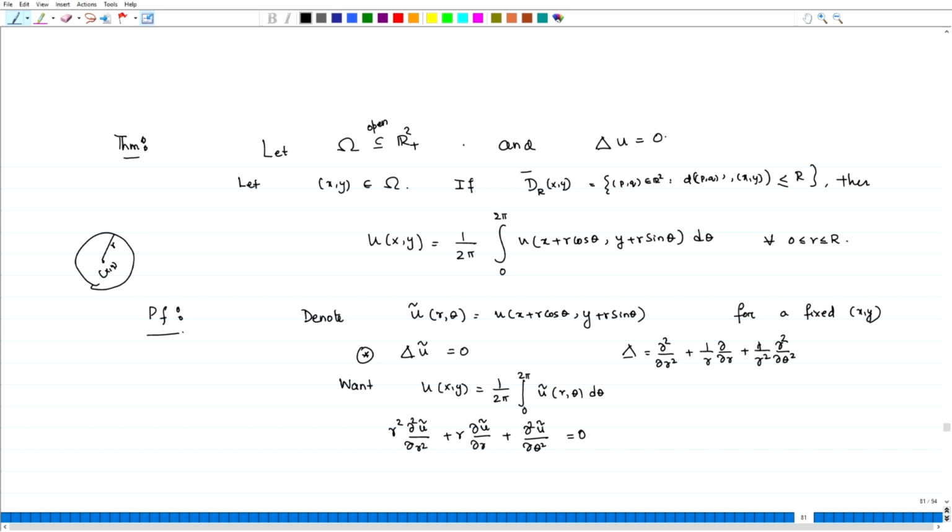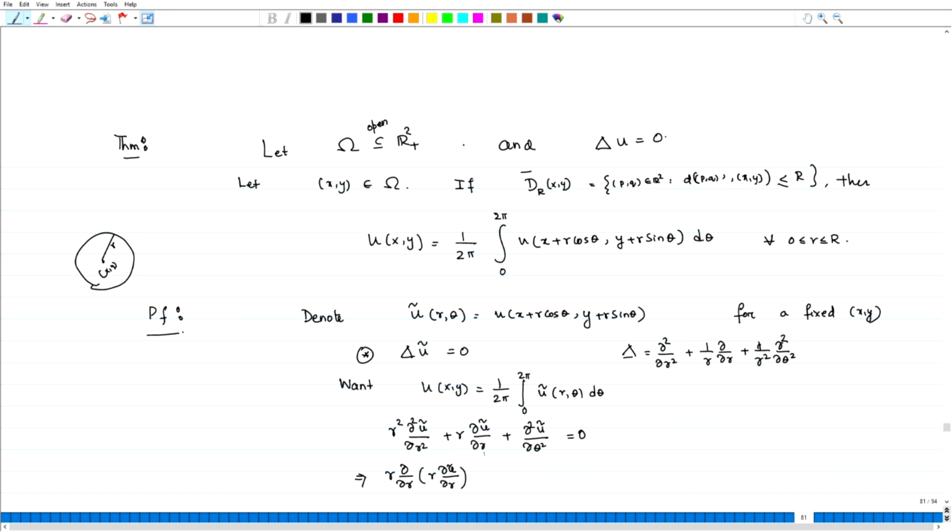So, if I take r del by del r of r del u tilde by del r, this is r squared del square u tilde by del r square plus r times 1 into del u tilde by del r.